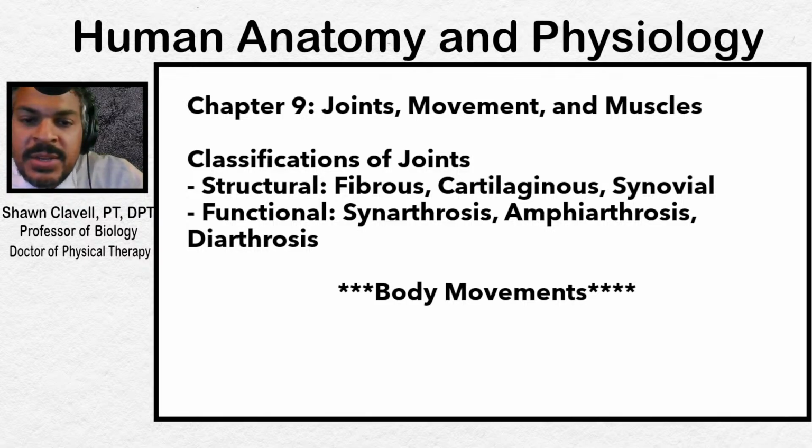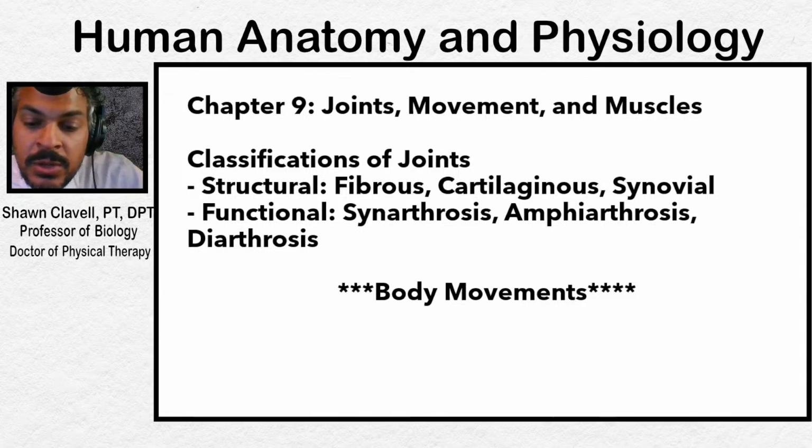Cartilaginous joints, like I said, could be hyaline cartilage, like your ribs, where the bone of your ribs attaches to your sternum, or fibrocartilage, which is like your intervertebral disc, as well as the pubic symphysis. The pubic symphysis is held together by fibrocartilage. Then the synovial joints are the ones that we mentioned that are related to movement.